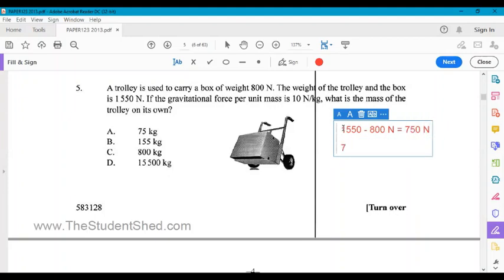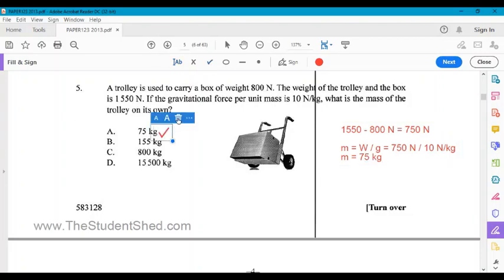And then to find the mass, we're going to use the relationship mass is equal to weight over gravitational strength. So we're going to have 750 newtons divided by 10 newtons per kilogram, which is going to give us a mass of 75 kilograms. So our answer is A.